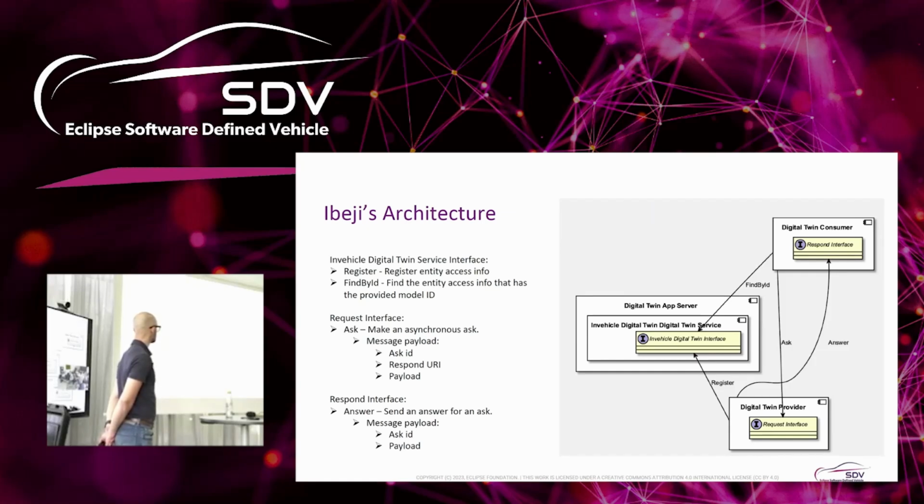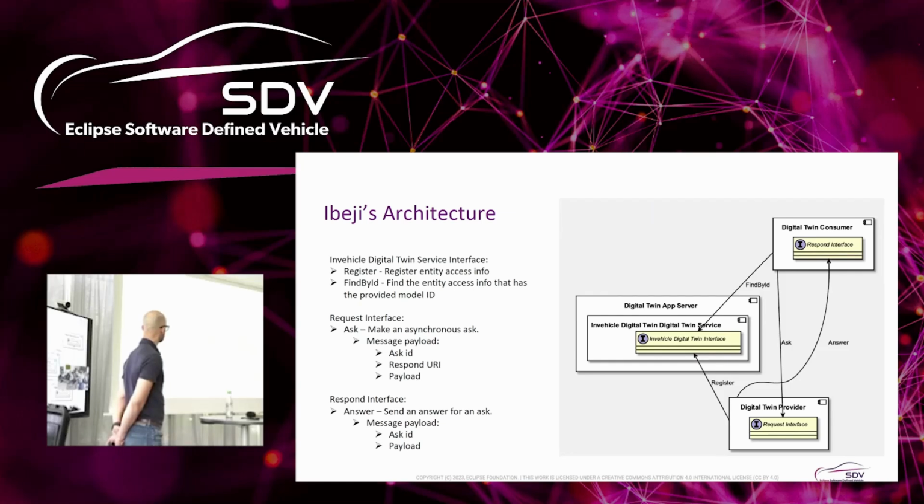So that another role, the digital twin consumer, can then come and first find those by interacting with the in-vehicle digital twin service, and then interact directly with the provider in order to utilize those digital twins that it needs to use, all right? Again, the consumer and the provider are roles. They're not components, all right?